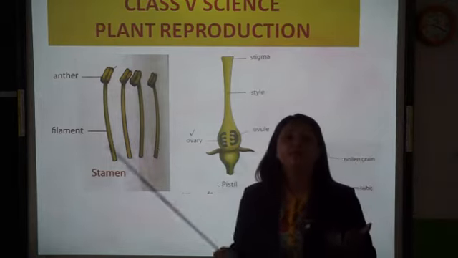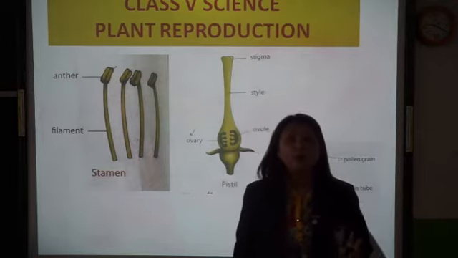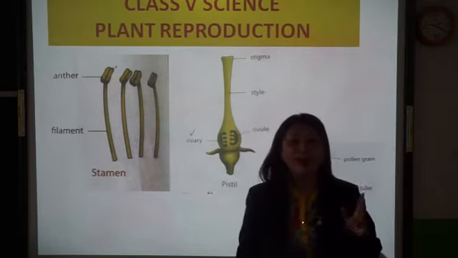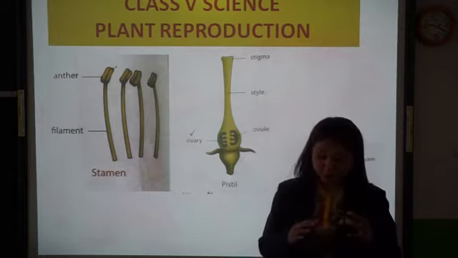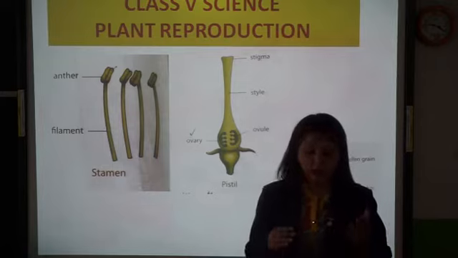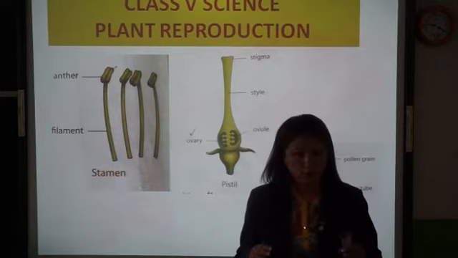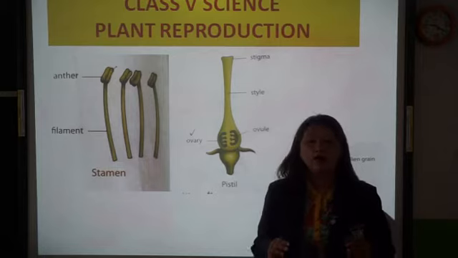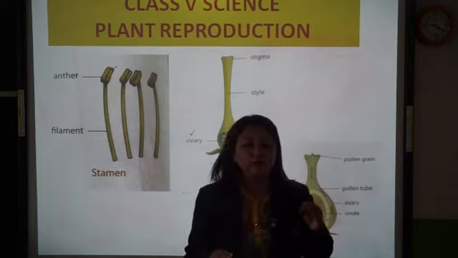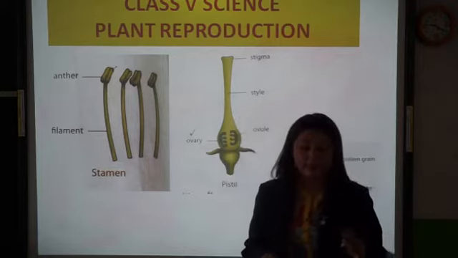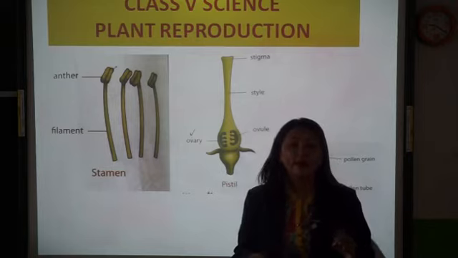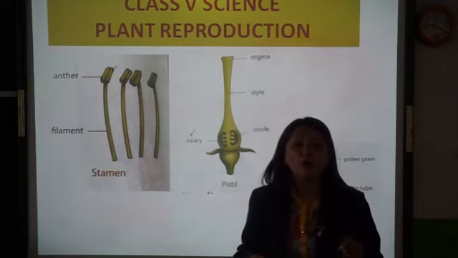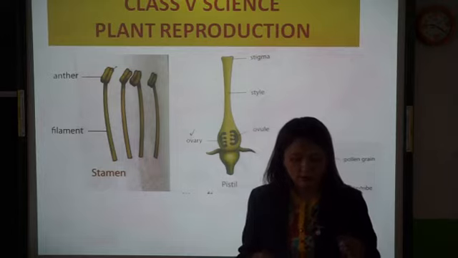So, in sexual reproduction, two parents, male and female, are involved in producing a new individual. For sexual reproduction to take place, a male gamete is to fuse with a female gamete, thereby forming a zygote.